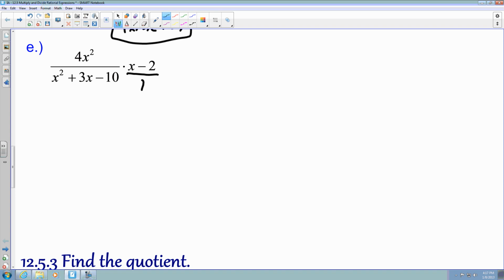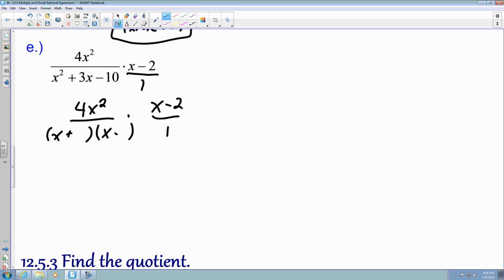So with that, looks like the only thing I can rewrite is the denominator in my first fraction, so that's with parentheses, x. The negative 10 means it's going to be a plus minus. The signs are going to be different. I need to find a product that's negative 10, but it gives me a positive 3.